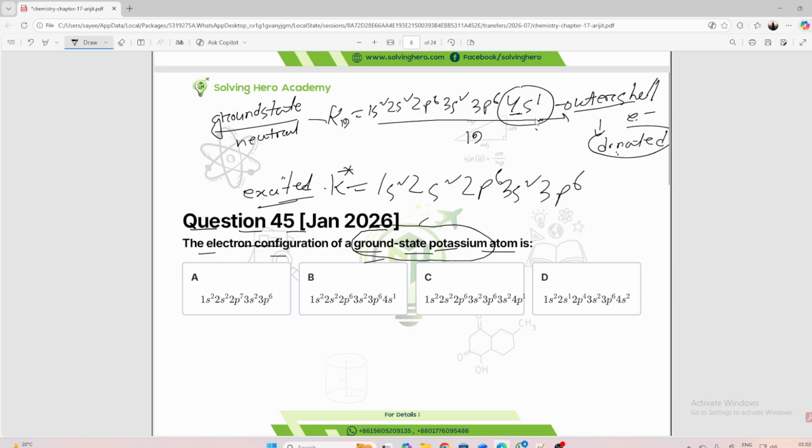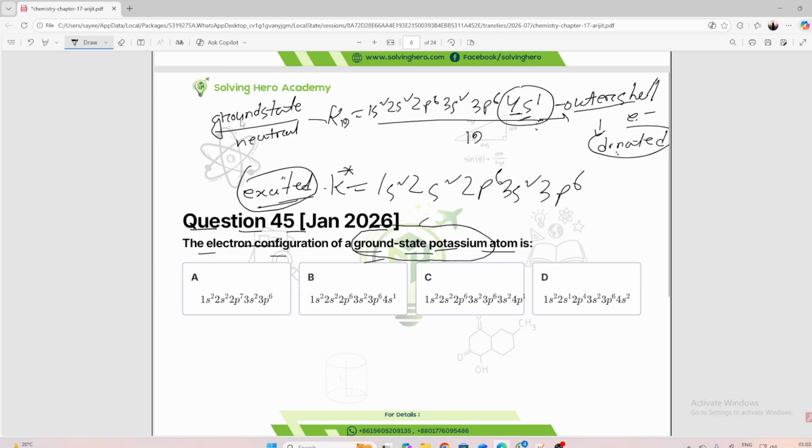Will the 4s1 electron be written? No, we will not write the 4s1 electron, because in the excited state the 4s1 electron will not be there, right? So the 4s will be 0. The electron is not here. It has been donated. Am I clear?